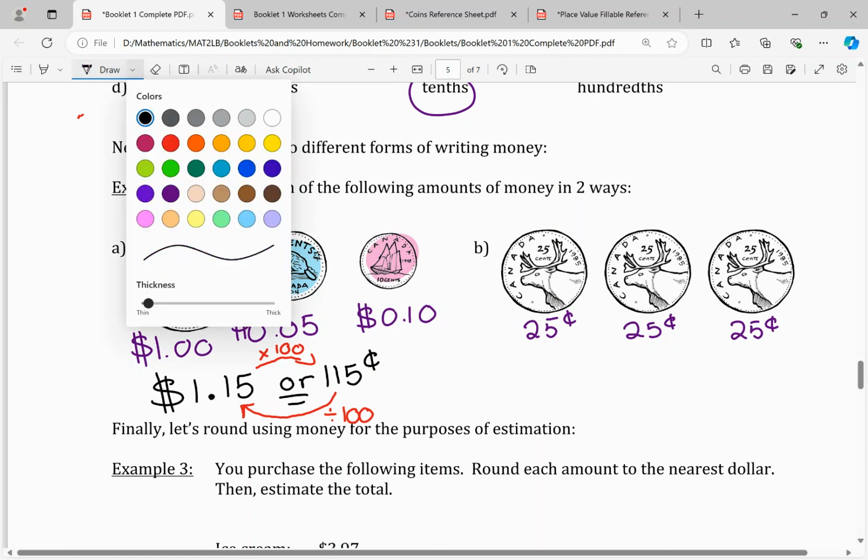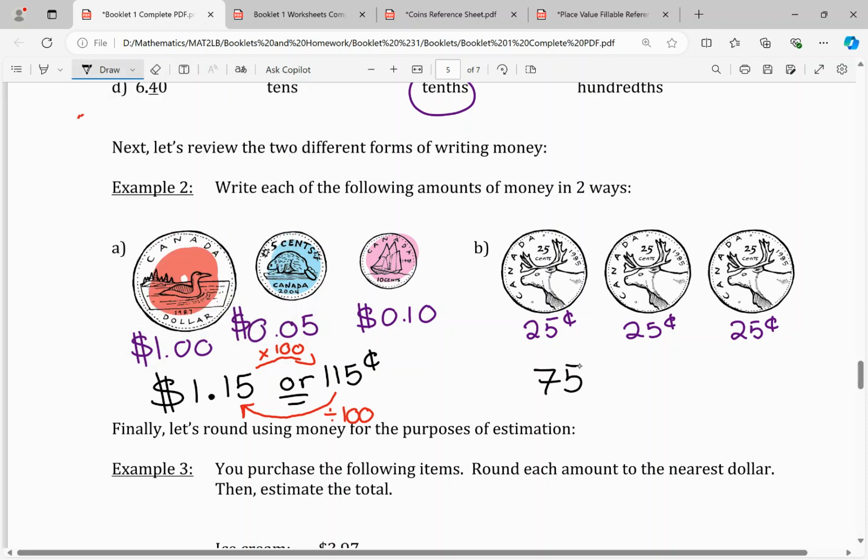Using a calculator or your head to add those together, that is going to be 25, 50, 75 cents. Another way that we could write 75 cents is $0.75.